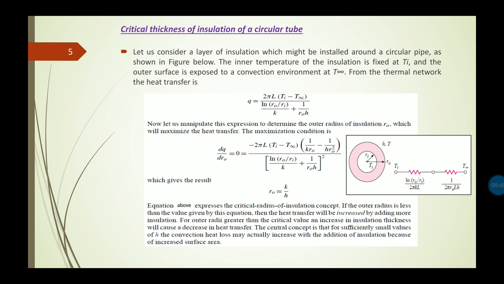One is ln(Ro/Ri) divided by k, and another is 1 by Ro h. One will be multiplied by 1 by 2 pi k, and both will actually be multiplied by 1 by 2 pi L.